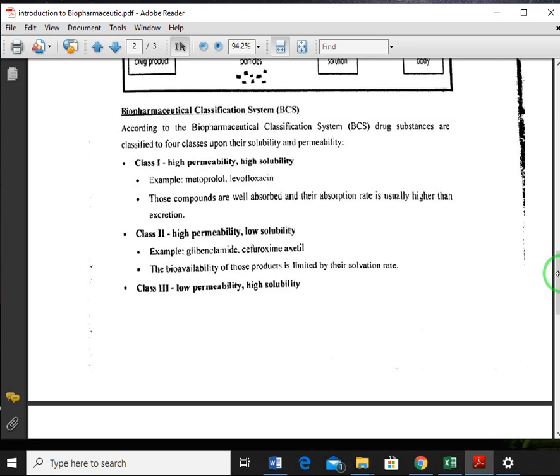Class 1 are the highly permeable, highly soluble. And Class 2, highly permeable and low soluble. You can see Class 1 and Class 2, and some examples are mentioned for Class 1 and for Class 2.